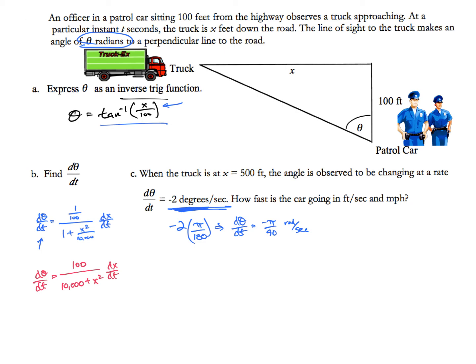All right, so now that we have that, that's my d theta dt. So now I have negative pi over 90 is equal to 100 over 10,000 plus, what's my x? 500. So what is 500 squared?